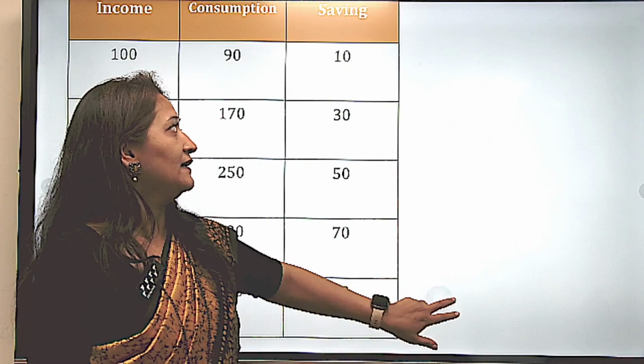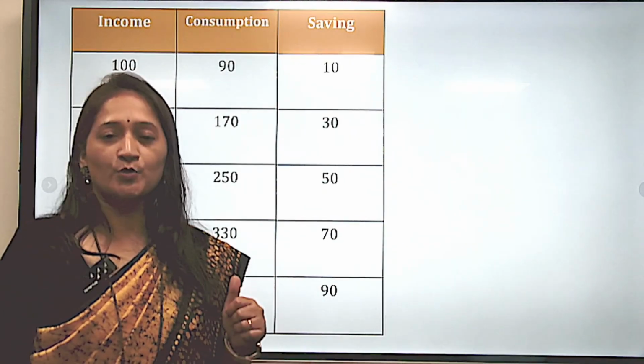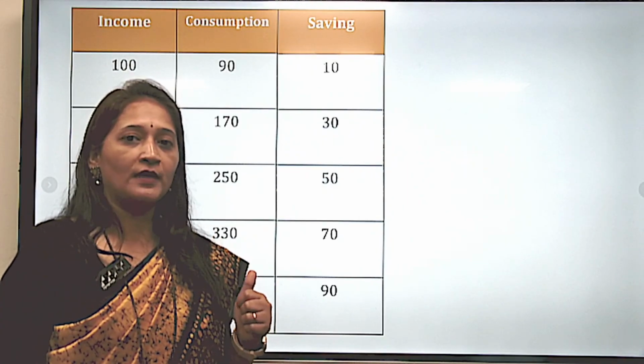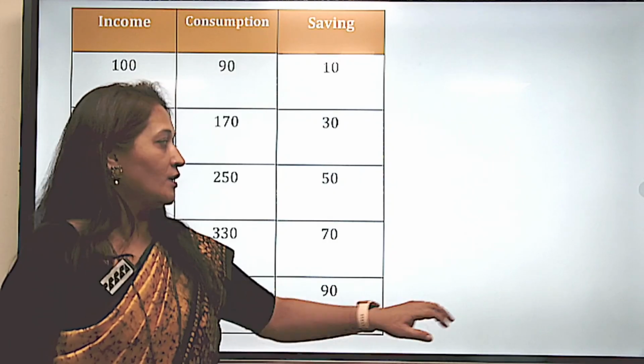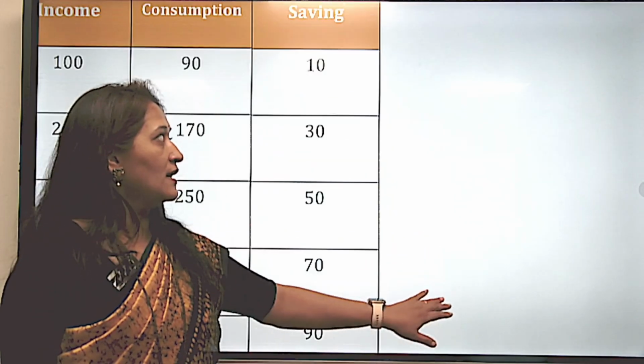So for that, we are going to calculate values for average propensity to consume and marginal propensity to consume. So let's see what are the formulas.